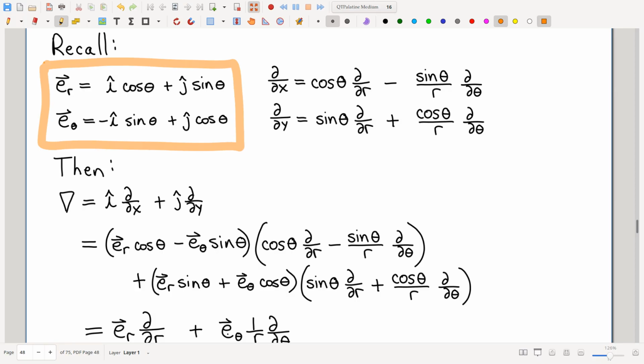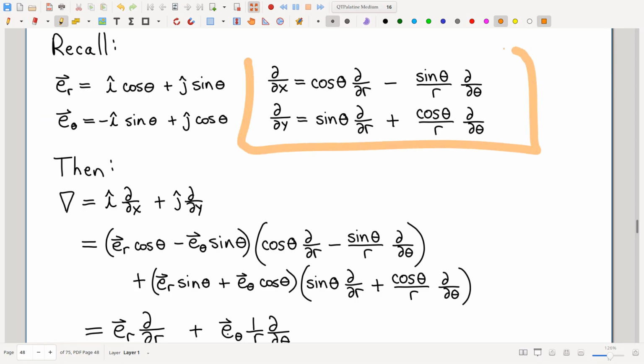And then we've also talked about these formulas. We did this when we were doing the chain rule. And so remember, if you have some function of x and y, and if x and y are functions of r and theta, that's how polar coordinates works. You've got a composition. Composition means chain rule.